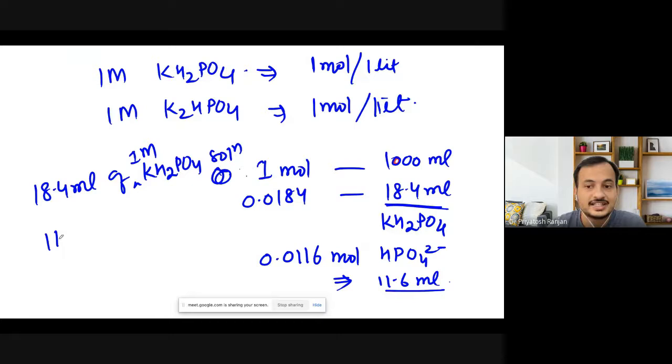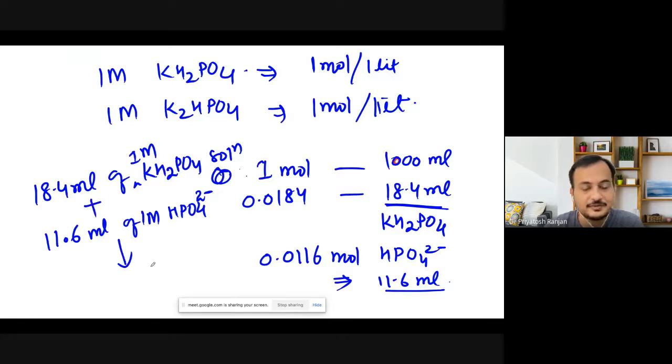I need to take its conjugate base, which is going to be 11.6 ml of 1 molar HPO4 2 minus, or you can call it K2HPO4.